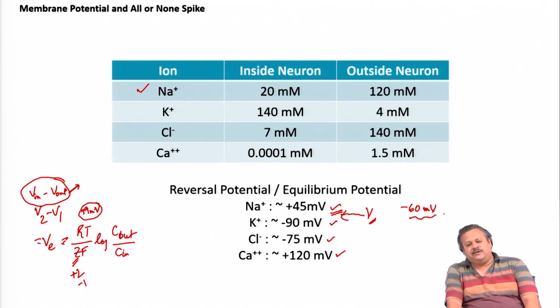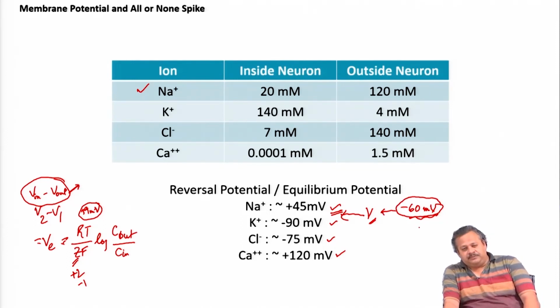So, between -50 to -70, sometimes even lower. So, we are saying that this is at rest. So, if there are paths available in the membrane for sodium to flow, at rest, sodium will flow across the membrane in such a way that this -60 millivolts is pulled towards plus 45 millivolts. That is sodium's reversal potential.